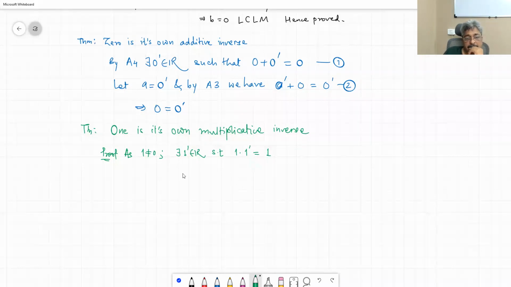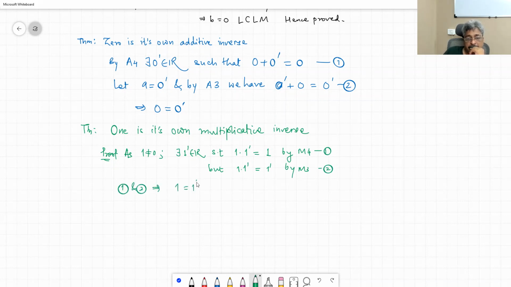Correct? This is by M4. But 1 into 1 dash is equal to 1 dash by M3. Therefore, 1 and 2 imply 1 is equal to 1 dash.